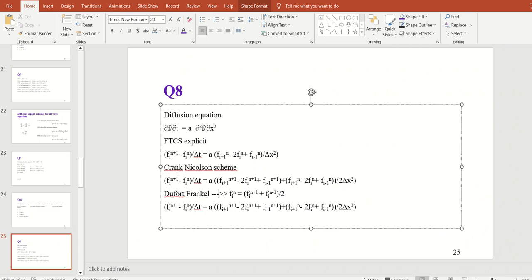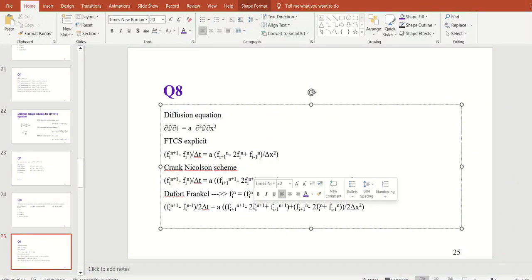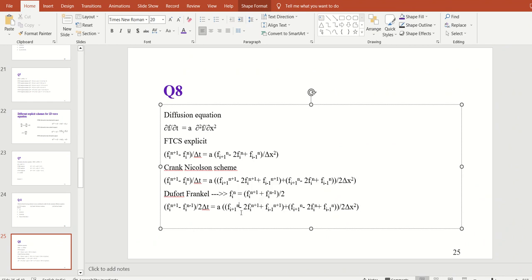If we are replacing in such a way, this would become as phi by 2. So it would be n minus 1 divided by 2 delta t, and here it would be 2 and 2 gets cancelled, phi n plus 1. Okay, phi, okay, here all are like nth time step.